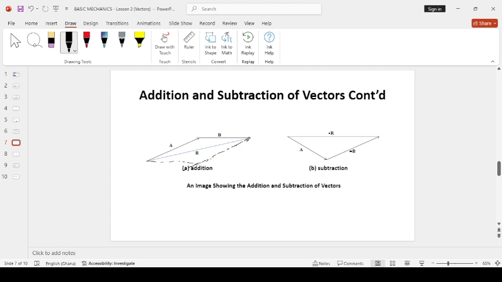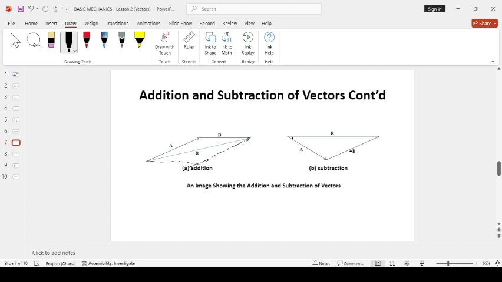Then in the other one, this was for the addition of the vectors. Suppose that A and B both have positive magnitudes, and in this case we have A minus B. Because it is subtraction of vectors, let's assume that we are subtracting B from A, assuming the magnitude of A is greater than the magnitude of B. All right, in this example too, we have the arrowhead here, then one arrowhead to here, right?